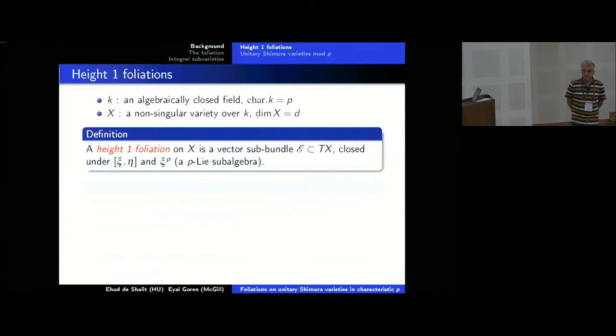So if you look at the tangent bundle of X, the tangent bundle of X has the structure of what's called a p-Lie algebra. So you can take two vector fields, sections, and you can take their Lie brackets, as you know, if you think of them as acting on functions. Or in characteristic p, you can take also the p-th iteration of the vector field.